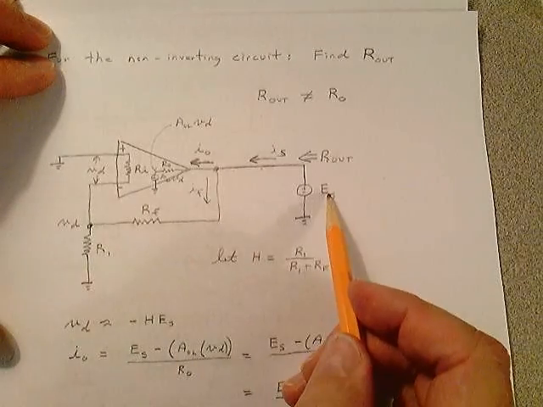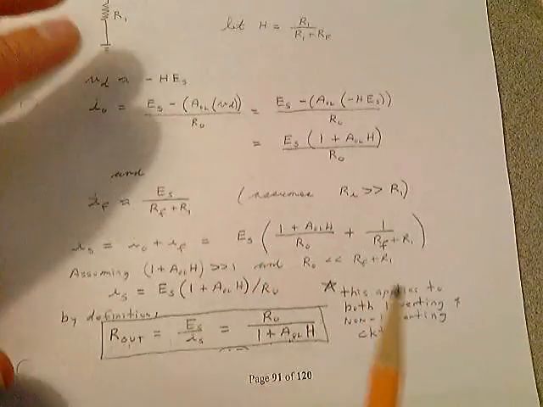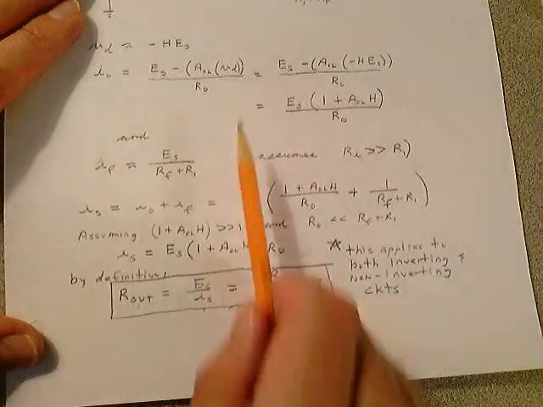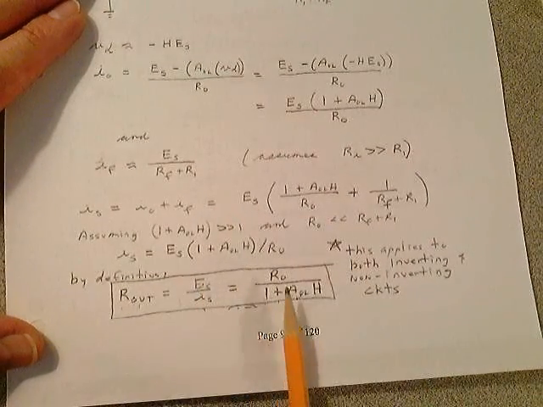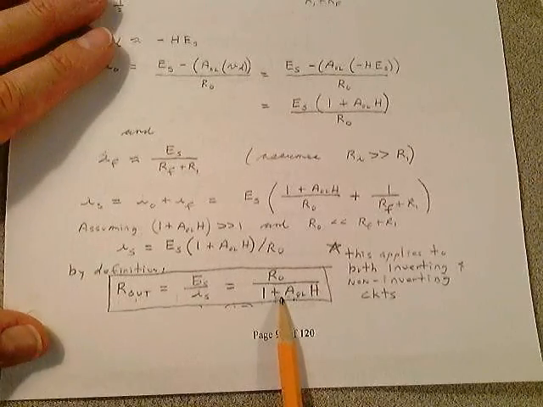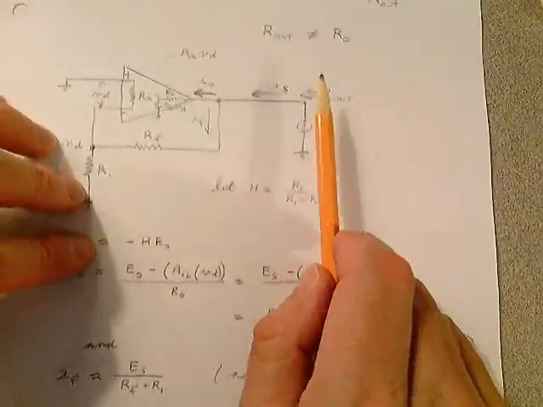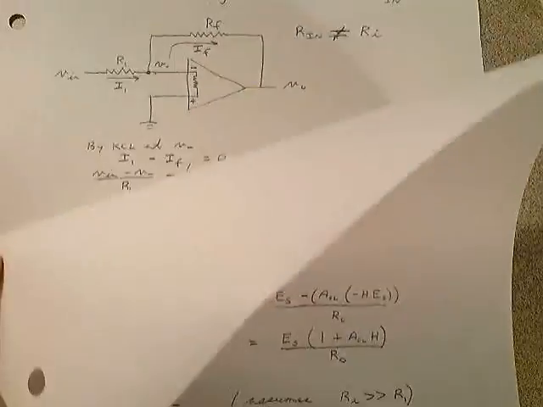Then if you take Es and divide it by Is, which is what they do down here, and form that ratio with these expressions you get up here, you can get a final expression for what the output resistance would look like out here. All right, and that concludes the lecture.